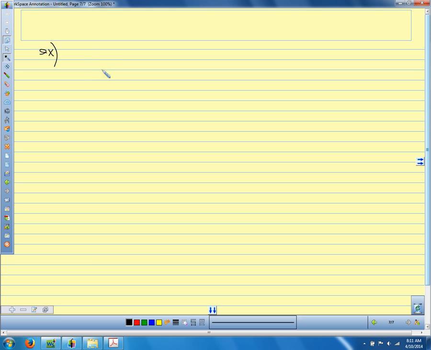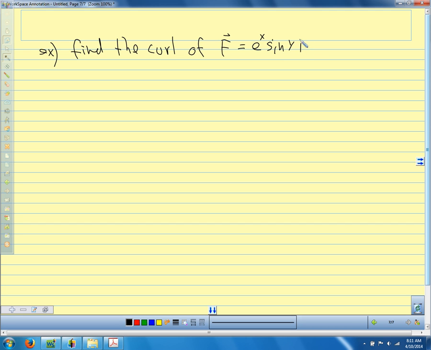So let's find the curl of this interesting vector field. Find the curl of, here's our vector field, e to the x sine y i hat, minus e to the x cosine j hat at the point 0, 0, 3.